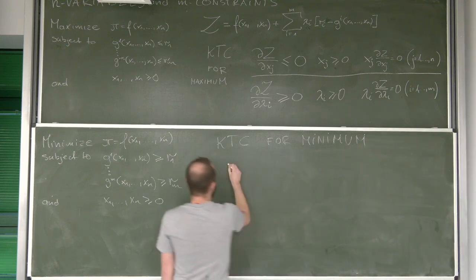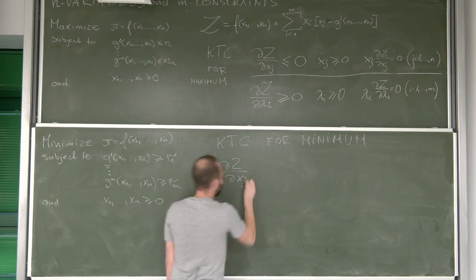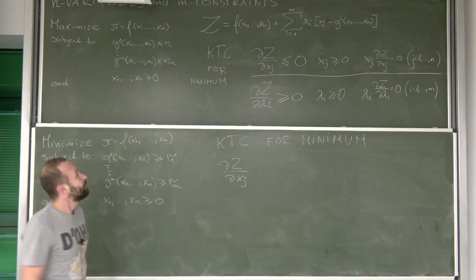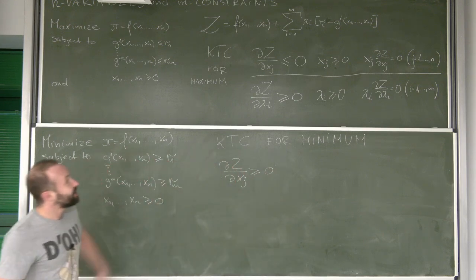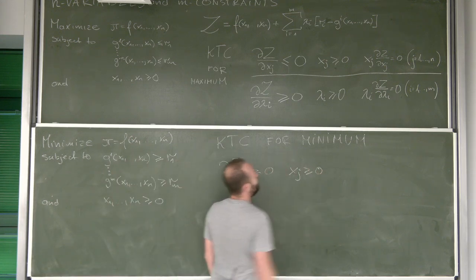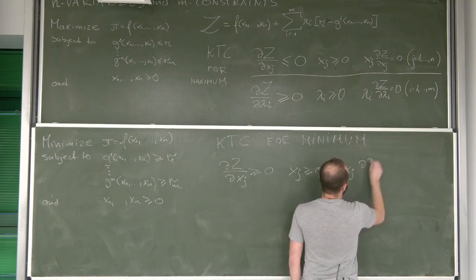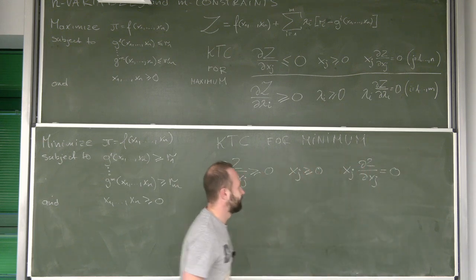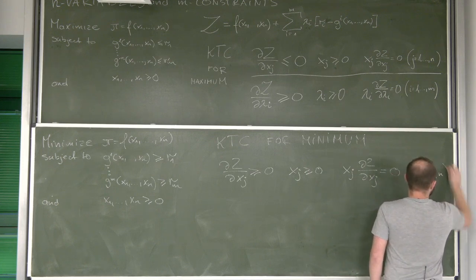First, now we will require the derivatives with respect to x's to be bigger than 0. And actually this is the only change. We still want x's to be non-negative, and still at least one of these expressions needs to be equal to 0. Of course, for every j from 1 to n.